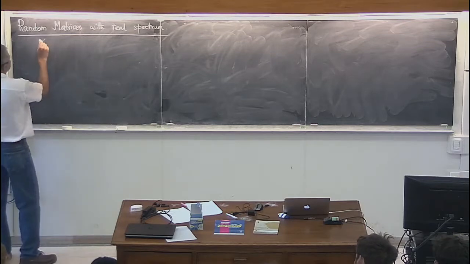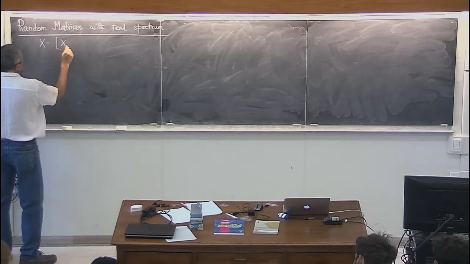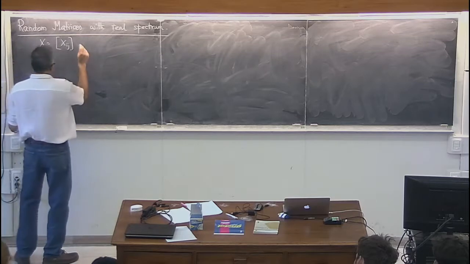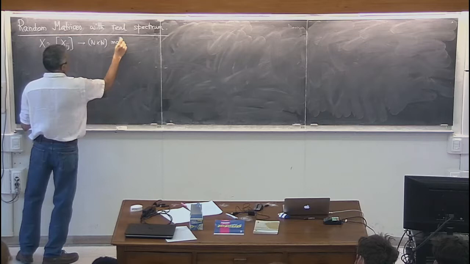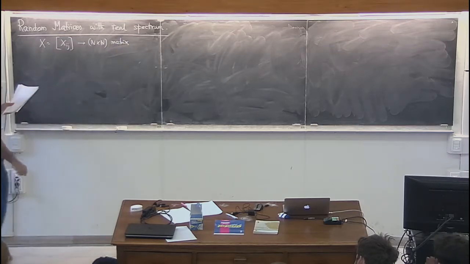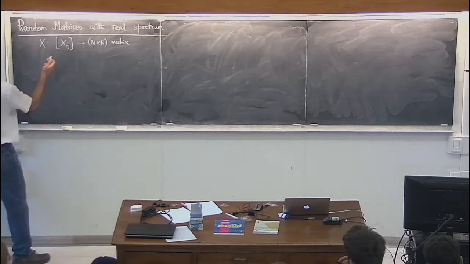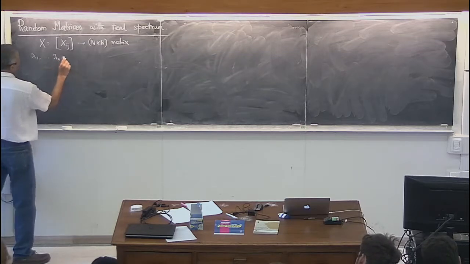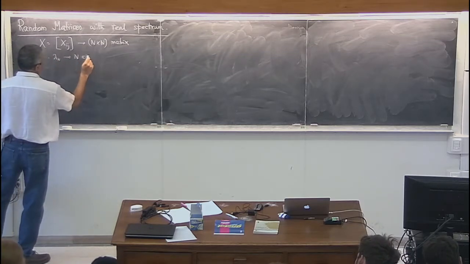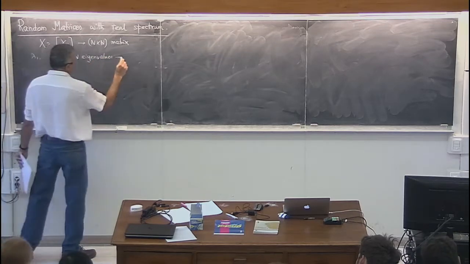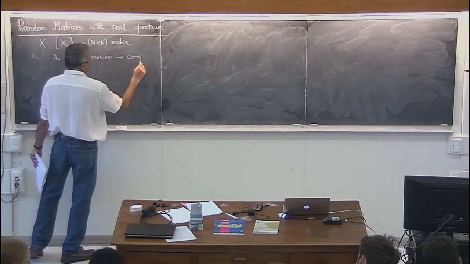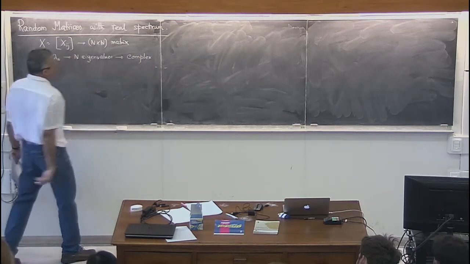So I have a matrix X with entries Xij, and this is an n by n matrix. Now, in general, if you don't impose any symmetry and you diagonalize this matrix, you will get n eigenvalues, which are generically complex.